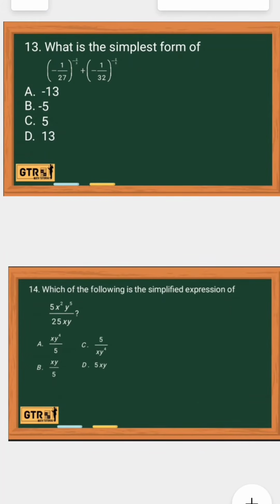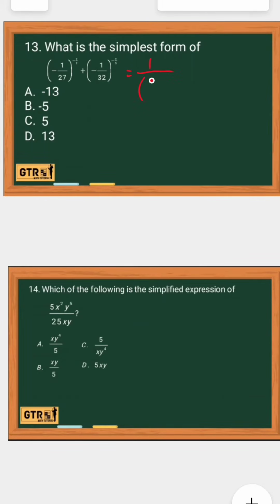So number 13, what is the simplest form of, ayan, balik tayo sa negative exponent, negative 1 over 27 raised to negative 2/3 plus negative 1 over 32 raised to negative 2 over 5. Okay, so negative exponent. So tanggalin muna natin ang negative exponent. So therefore, pag naging positive, mapapapunta sa denominator.